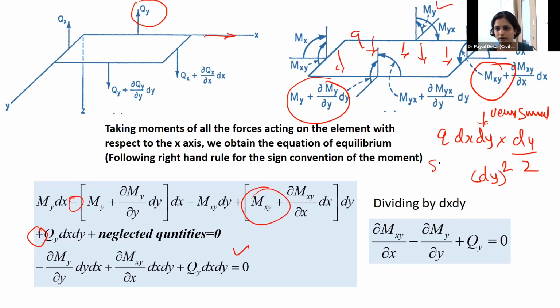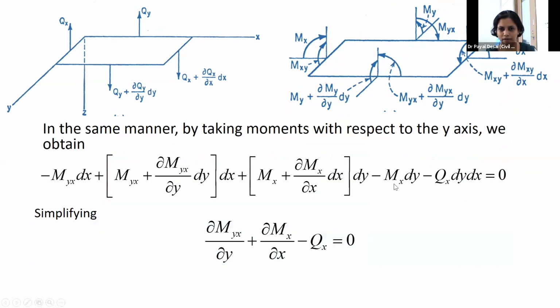So this is a small quantity and it is neglected. So loading moments will not be considered, because the dominant quantities which will be considered under the equilibrium of the plate will be these moments, that is my, mxy, mx, and also qx and qy. So the second moment equation we are getting.